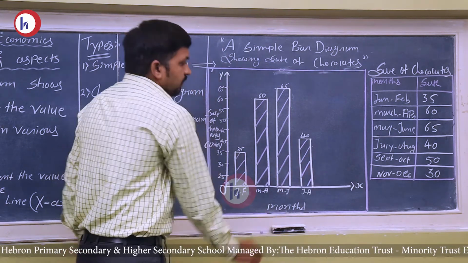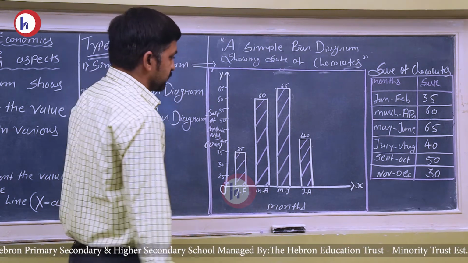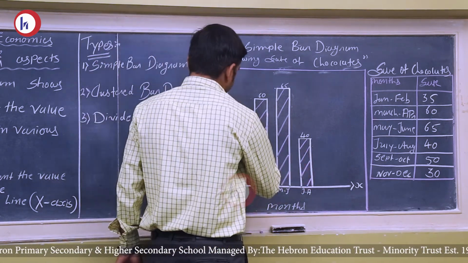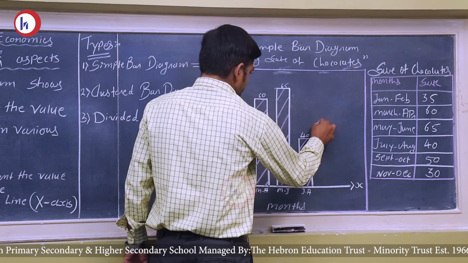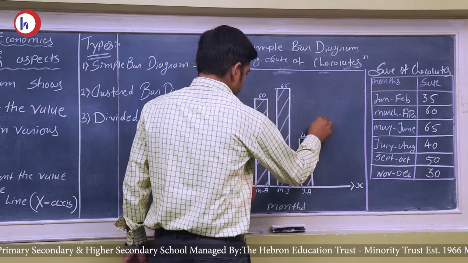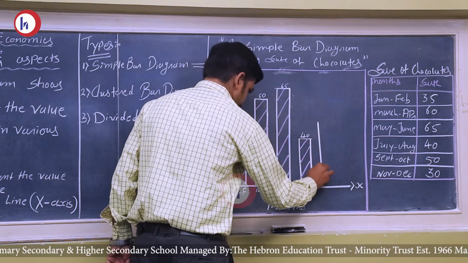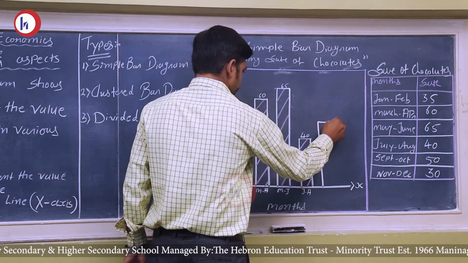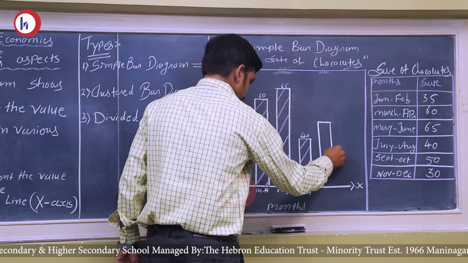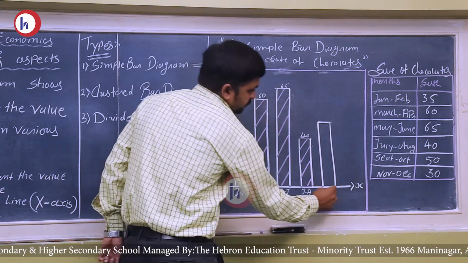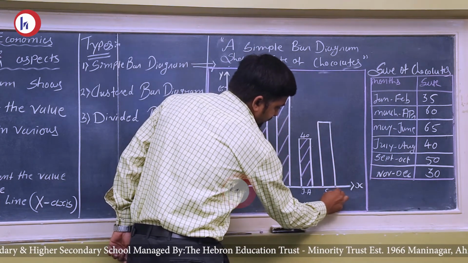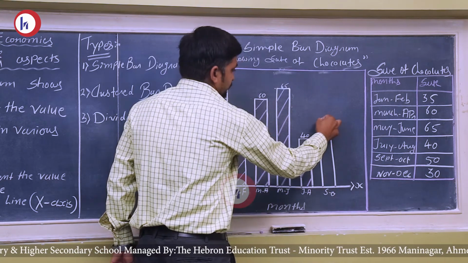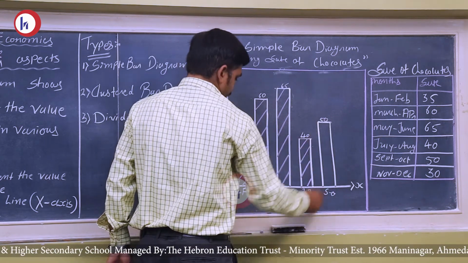Then, for the month of September and October, the sale of chocolate is 50. So it is for the month of September and October. The sale of the chocolate is 50.